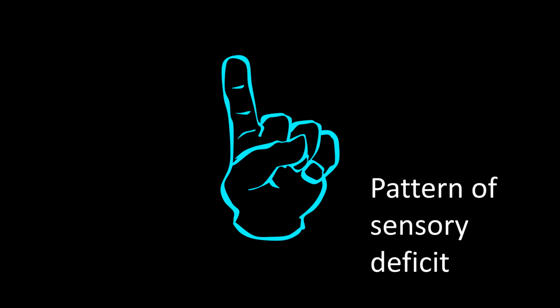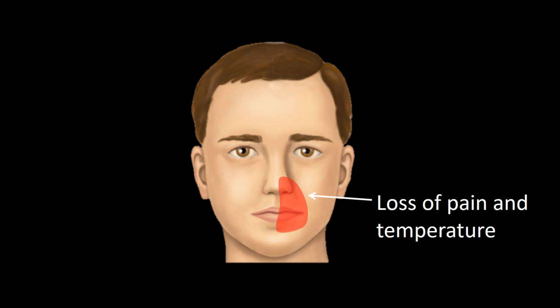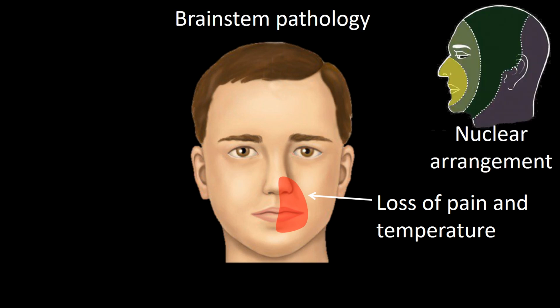In the first pattern, all sensory testing is normal except above the lip. Then the area is mapped and we find a deficit in the shaded area. This pattern is suggestive of brain stem pathology.